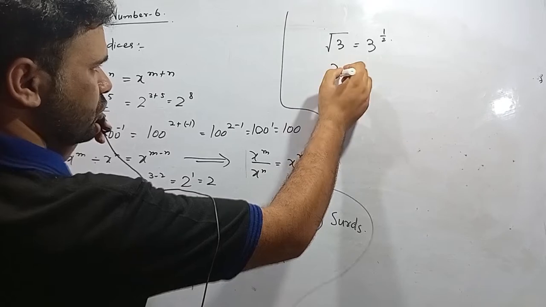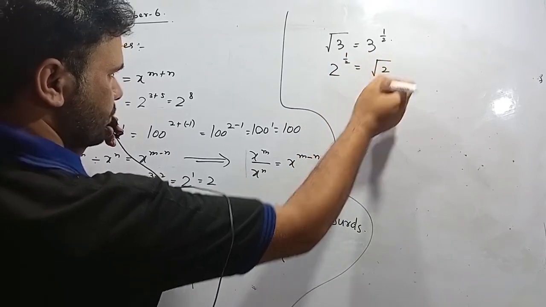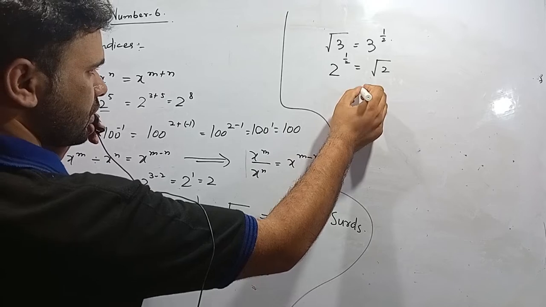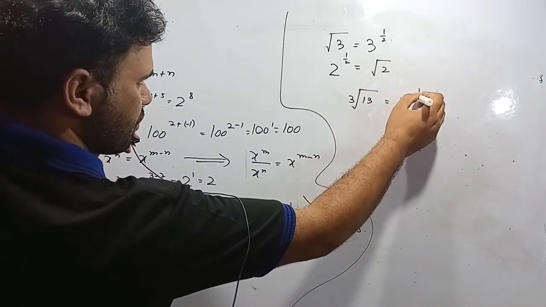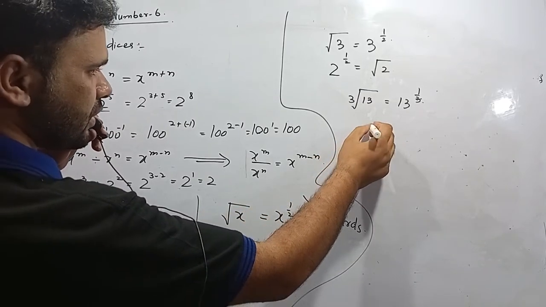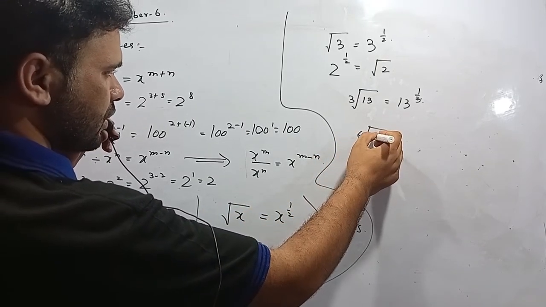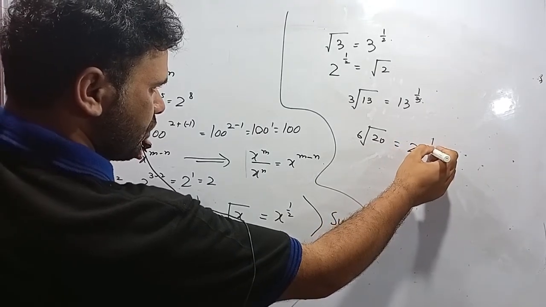Or if I have 2 to the power 1 by 2, I can write square root of 2. If I have cube root of 13, so it is 13 to the power 1 by 3. If I have sixth root of 20, so it is 20 to the power of 1 by 6.